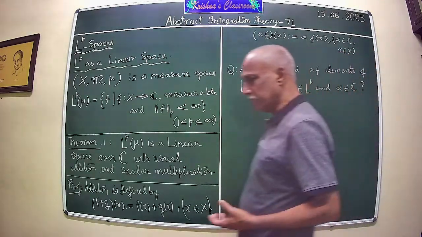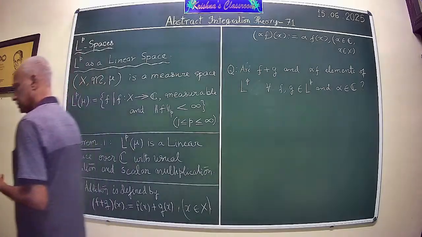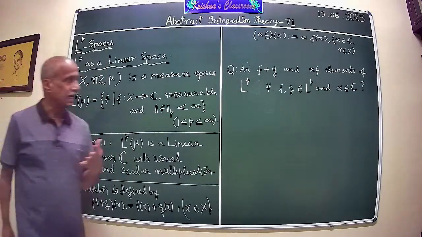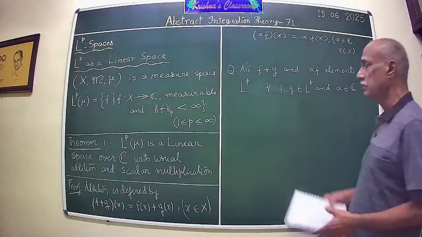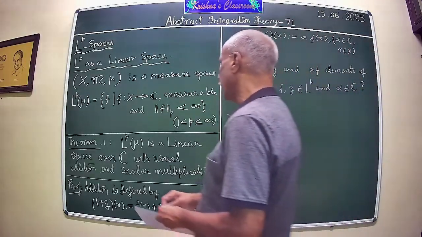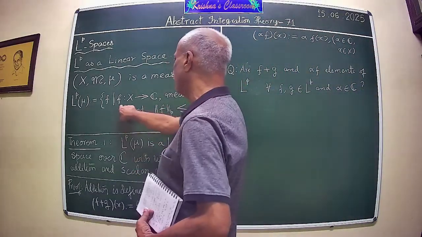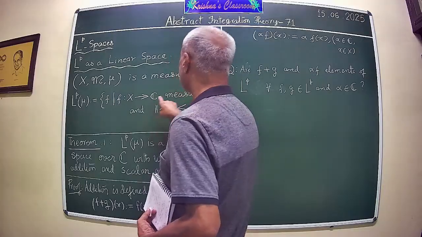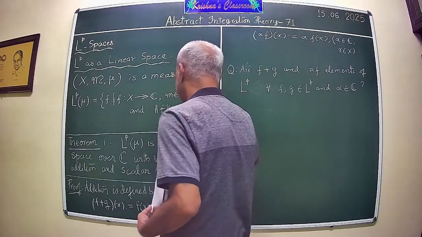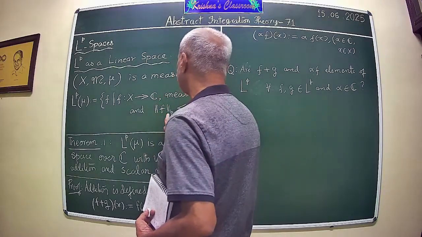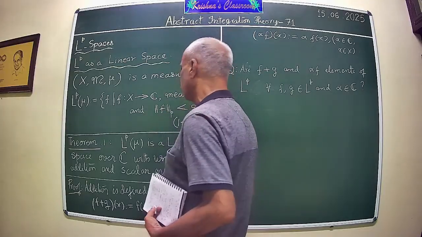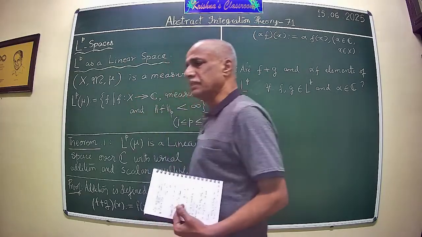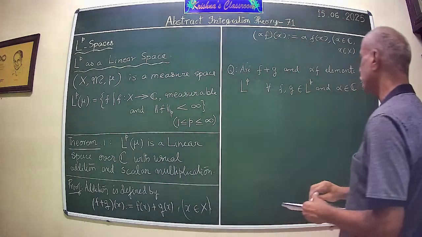Here we need the tools that we have already developed. What are the conditions that are required? We have to observe that f is a function defined from X to C, it is a measurable function, and the p norm of f is finite.